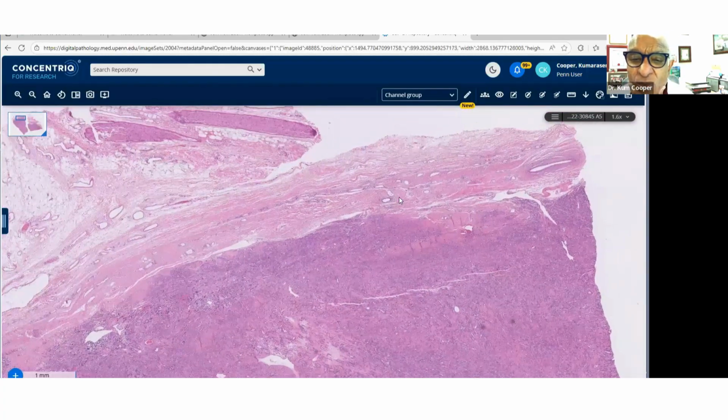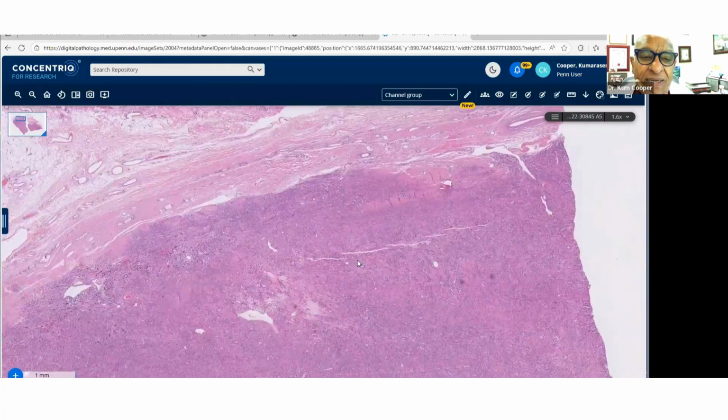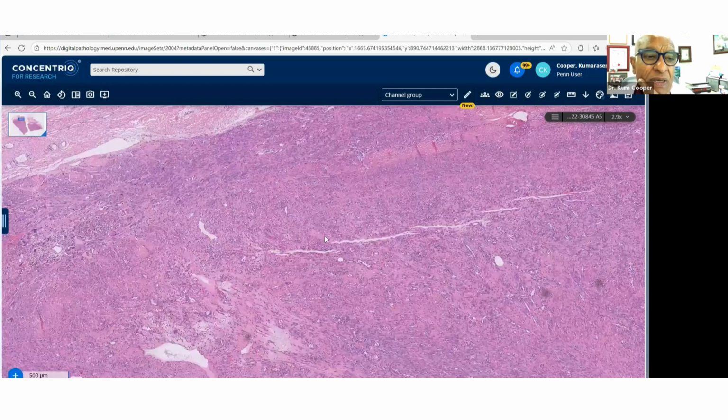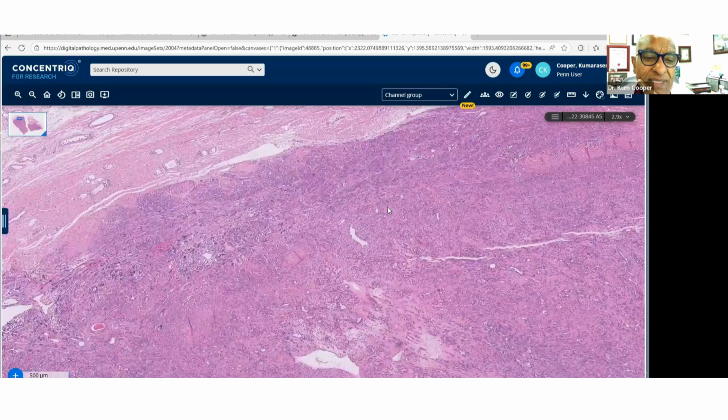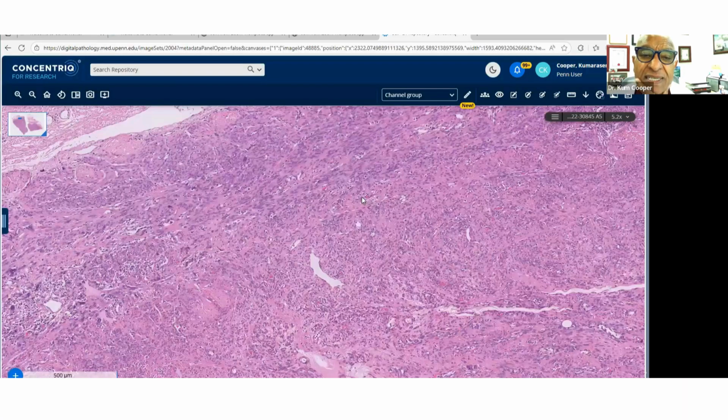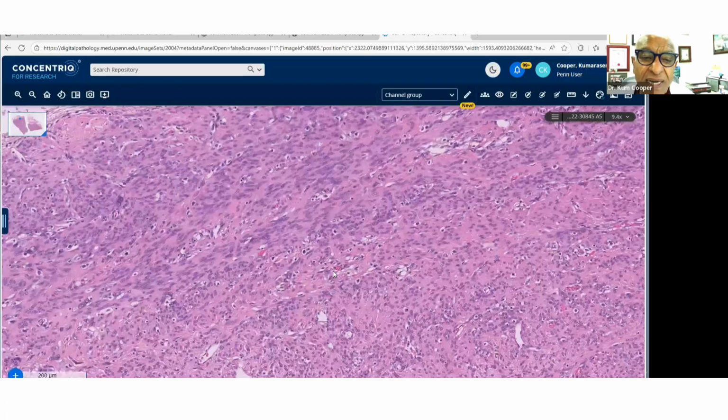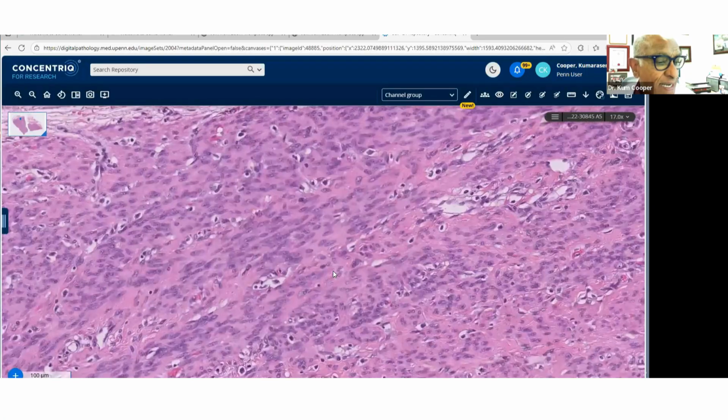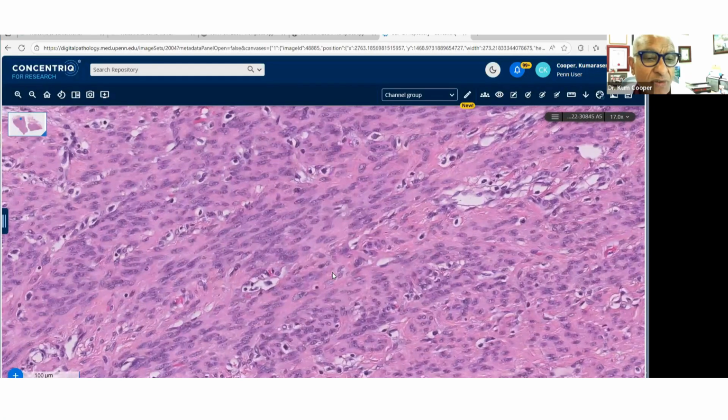Like I said, very well circumscribed, and comprising predominantly spindle cells, as you can see. Just to give you a higher power of that, I try not to give you too much morphological interpretation, A, not to lead you, and B, not to mislead you.